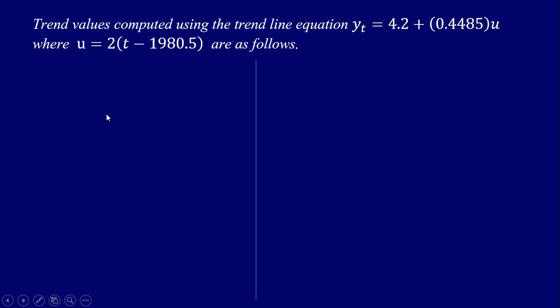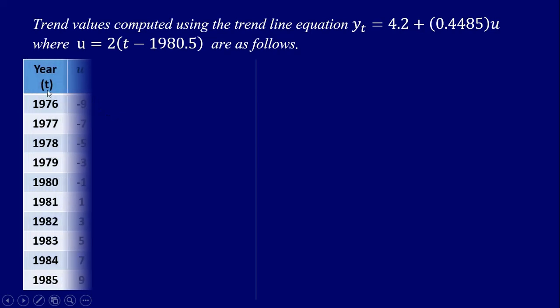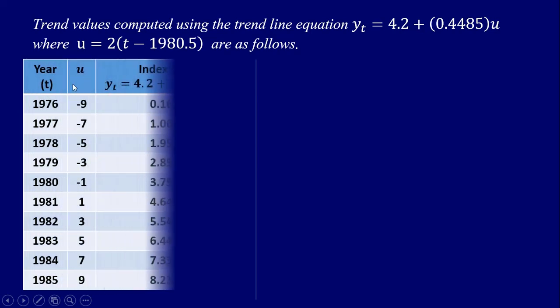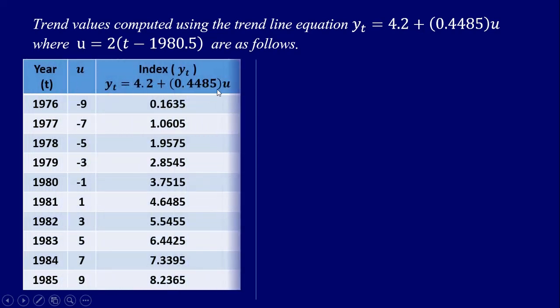We prepare the table with the first column for year t, then we calculate u, and using this value of u in the trend equation, we find the trend values for those particular years. So to get the trend value for 1976, we only have to substitute this value of t in the equation u is equal to 2 into t minus 1980.5 and find the value of u.